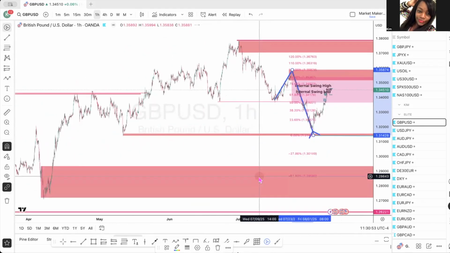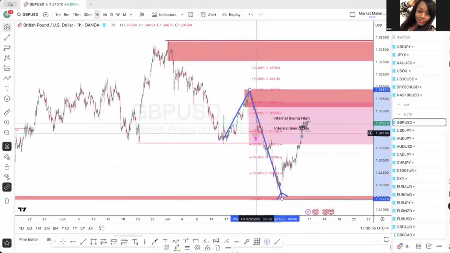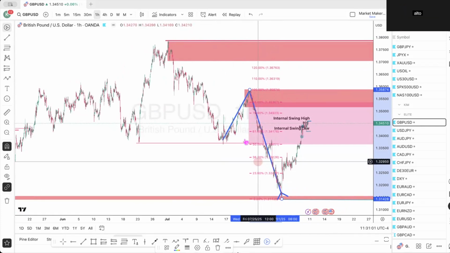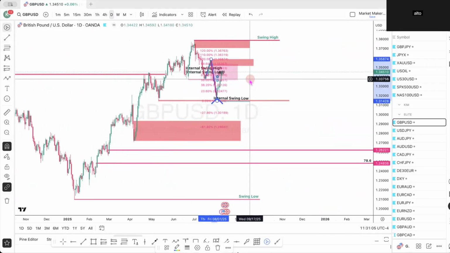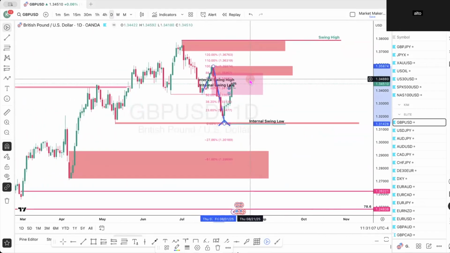Wait a minute, ask that question again. So the swing low when we do the fib, would it be on the internal swing low or the entire swing low of the chart?